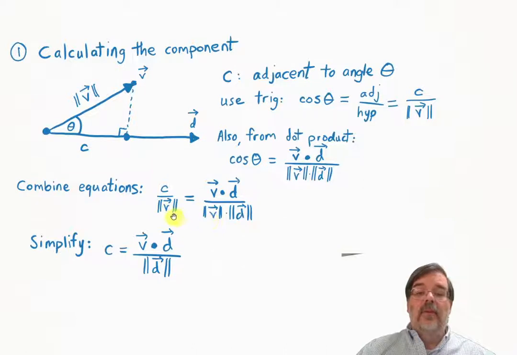In the denominator, we see the length of v on both sides. So we could cancel those out. Imagine multiplying both sides by the length of the vector v, and what we're left with is a nice, not too bad formula to calculate the component, to calculate this length of the projection vector. C will be equal to v dot d divided by the length of d.